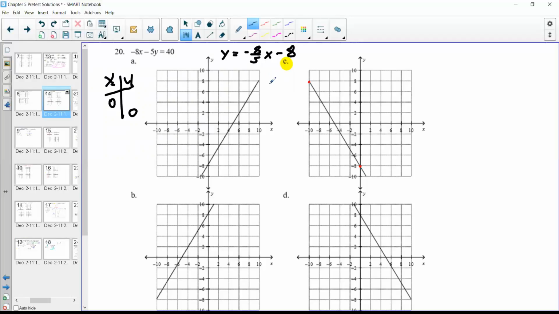It's negative. And the only other line with a y-intercept of -8 actually has a positive slope, so we don't even have to count. But I could count, here 1, 2, 3, 4, 5, 6, 7, 8 down because it's negative, and then 5 to the right. Wait, 5 to the right, that wouldn't be right. Oh, they're going by twos. 2, 4, 6, 8. 2, 4, 5.